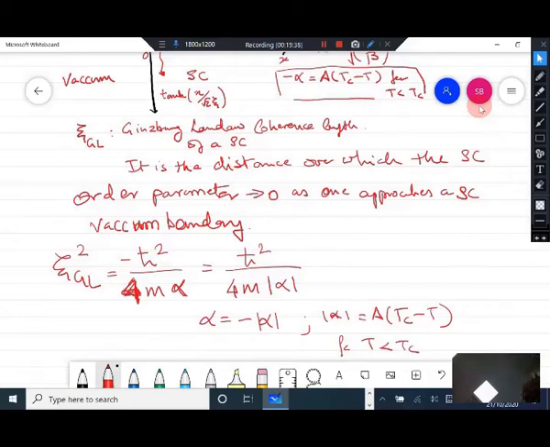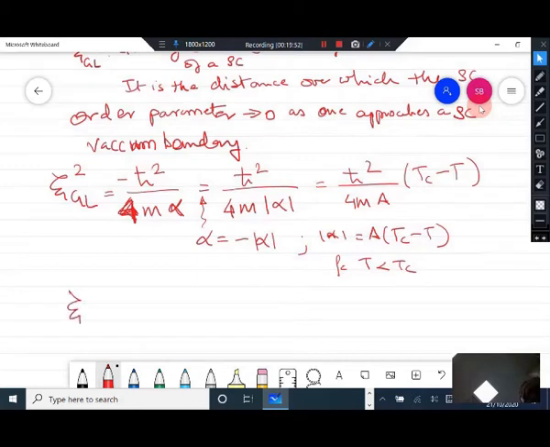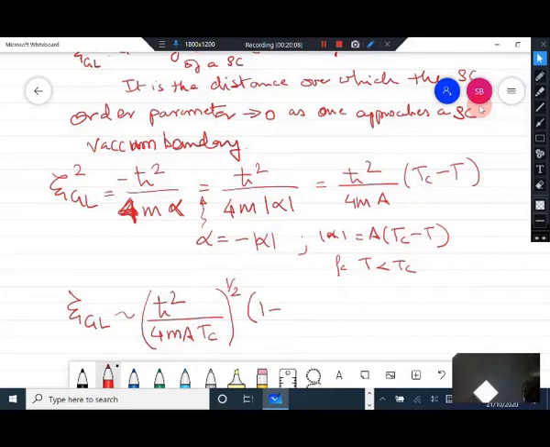So you can resubstitute this here, and this will give you h cross square by 4m a into Tc minus T. So the coherence length xi GL goes as h cross square by 4m a Tc, raised to half, times 1 minus t raised to minus a half.